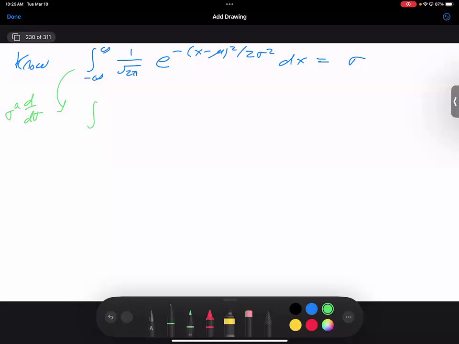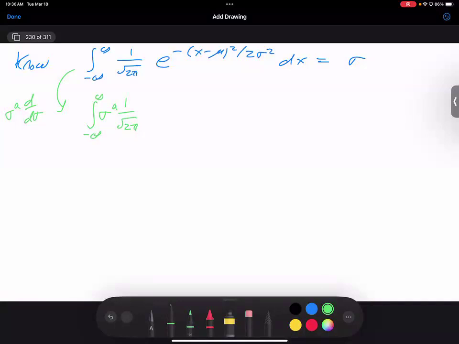So I will get the integral from minus infinity to infinity, sigma to the a, 1 over the square root of 2 pi. And now I've got to take the derivative of the exponential of (x minus mu) squared over 2 sigma squared. What rule do I use to take the derivative of that? Chain rule. As soon as you hear the word of, it's chain rule. I have the exponential of something, so it's the chain rule.